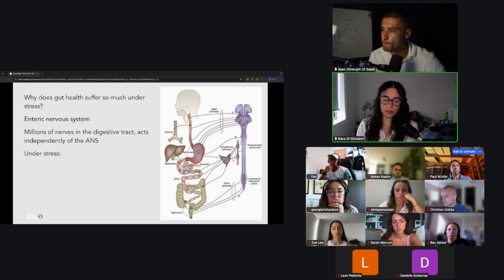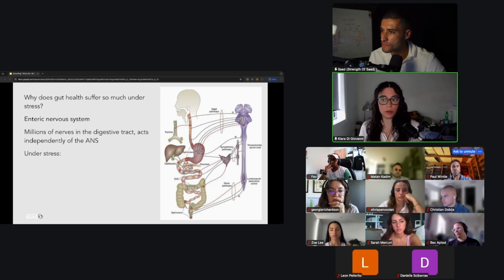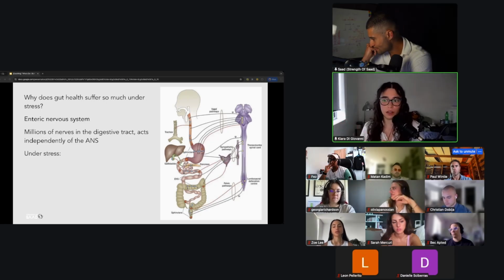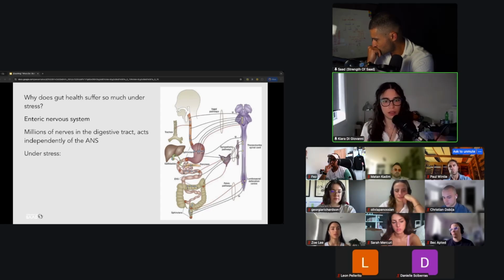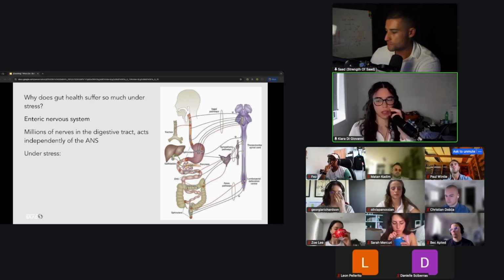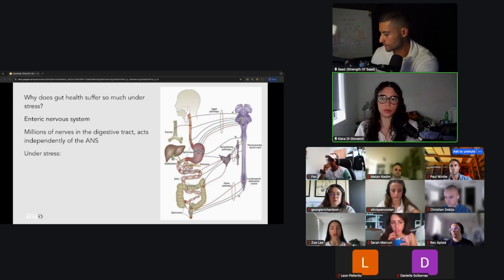So this, in a really simple way, explains why our gut health suffers so much under stress. When you're under stress, the blood flow is directed away from the gut, stomach acid or other enzyme production slows down, and it can cause things like constipation by influencing how the intestinal movements go.